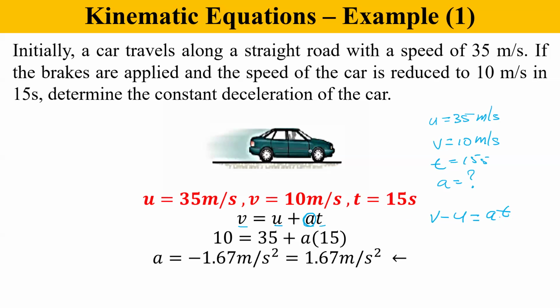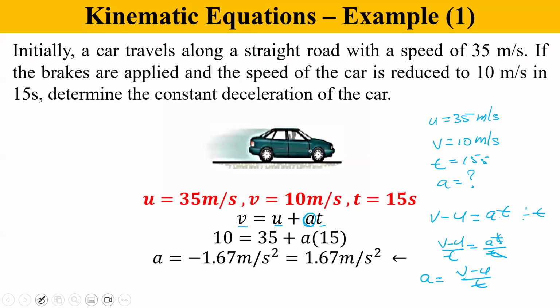What do I want to make the subject of the formula? Isn't it the acceleration? So you divide both sides of the expression by T. Therefore, you have V minus U on T equals AT divided by T. And so T cancels T, and you end up with final velocity minus initial velocity upon T. And so you get your acceleration.